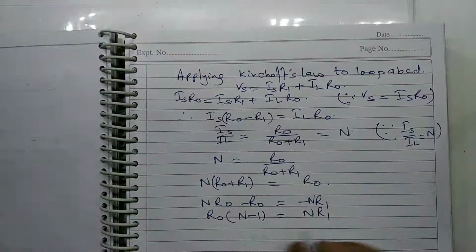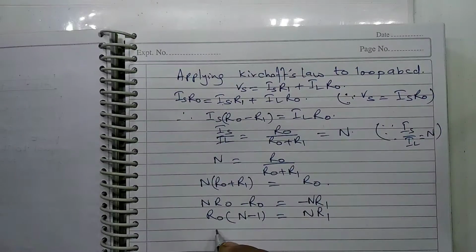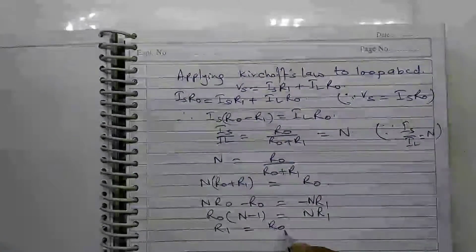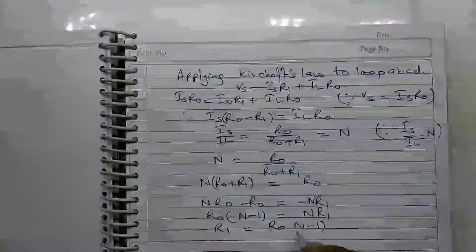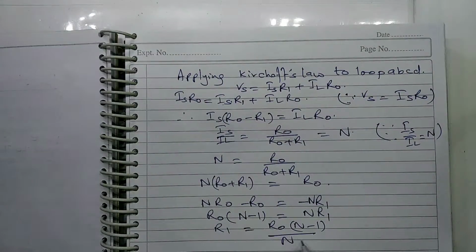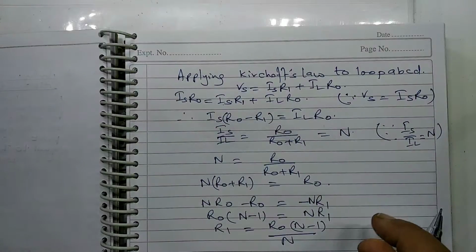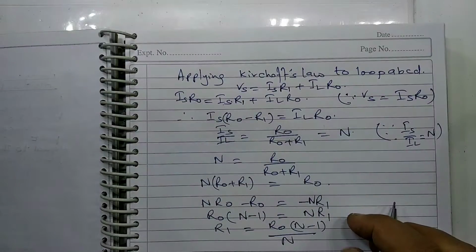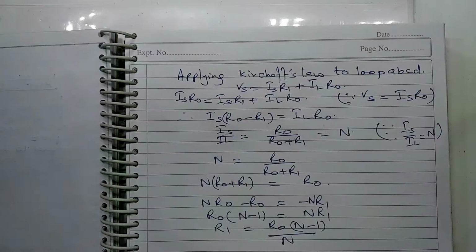Now here we get R1 is equal to Ro into (N minus 1) divided by N. So that is the value of R1 is equal to Ro (N minus 1) divided by N.